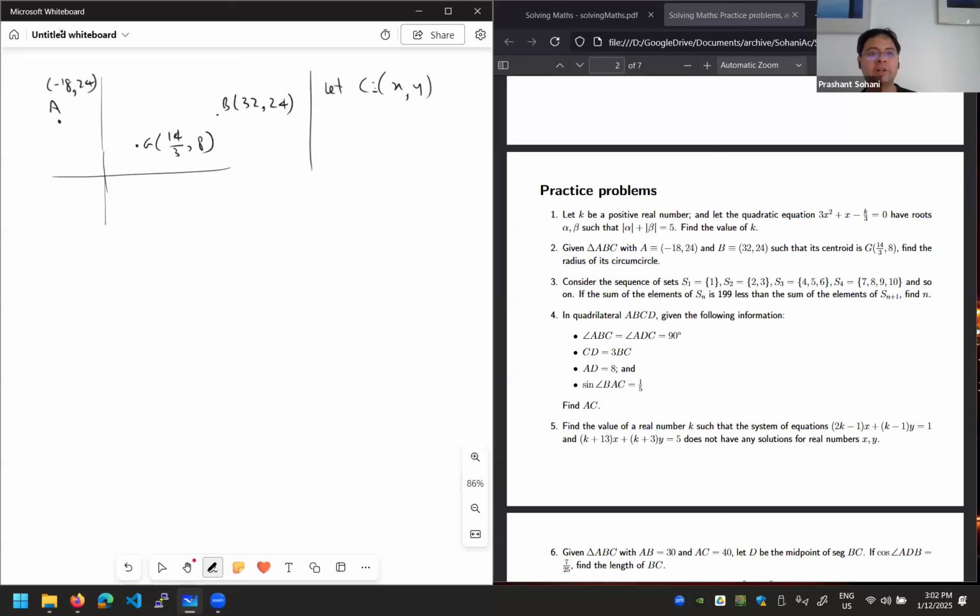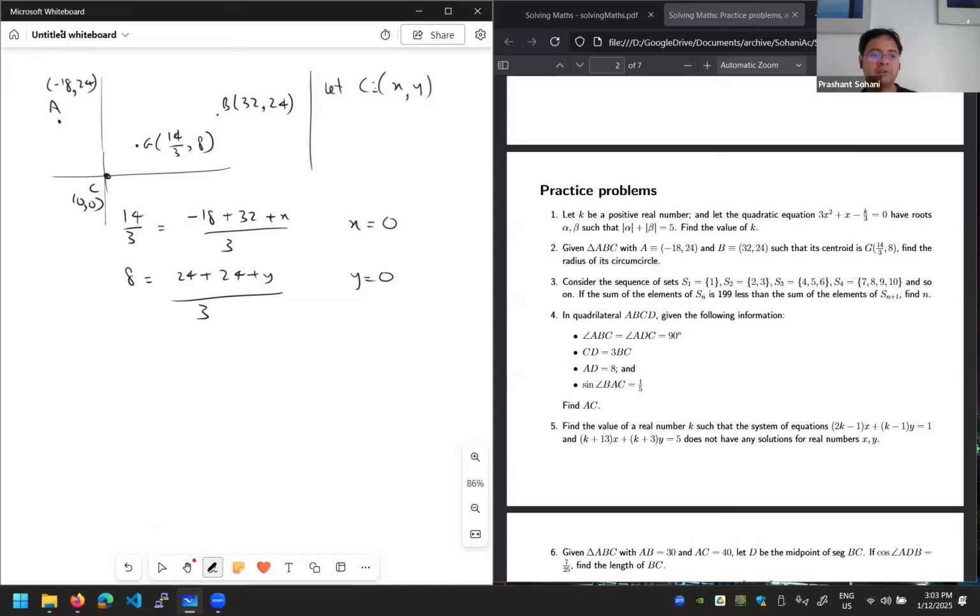I can just write the centroid will be the average of all the three. So it will be minus 18 plus 32 plus x upon 3, and 8 is also the average of the y coordinates. If you solve this, you will get the values of x and y. In fact, you will see that the value of x and y are both 0. That is itself satisfying, which means the third point of my triangle is actually at the origin.